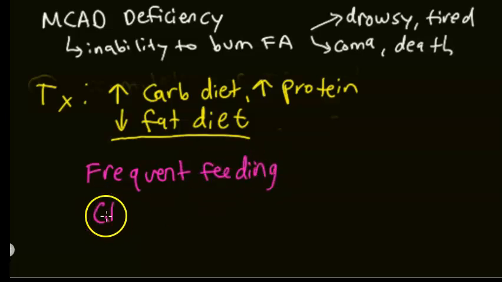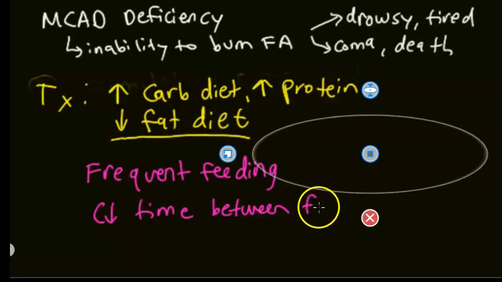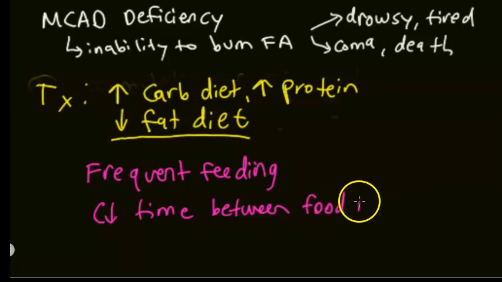Or you want to reduce the time between food intake, because these individuals always want to consume food. They actually wake up to eat because they're hypoglycemic, so they wake up from their sleep in order to consume more food.